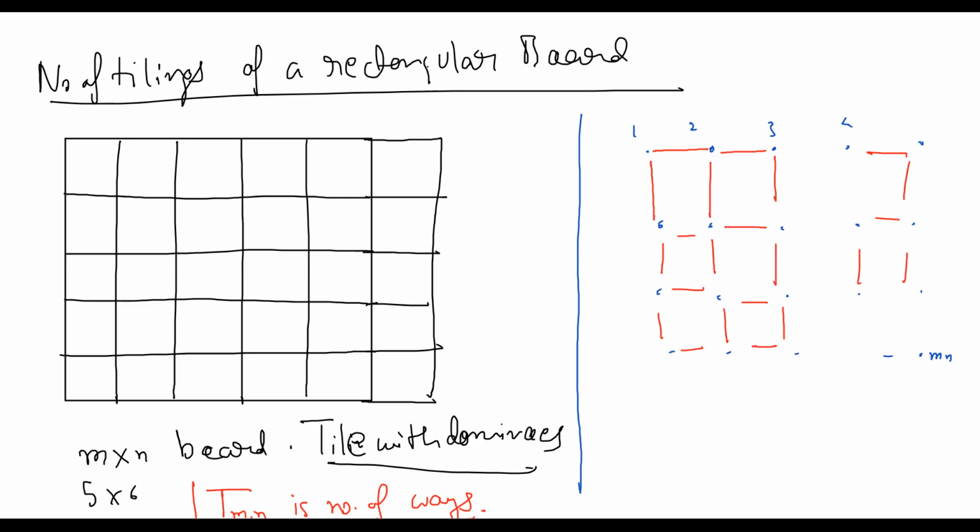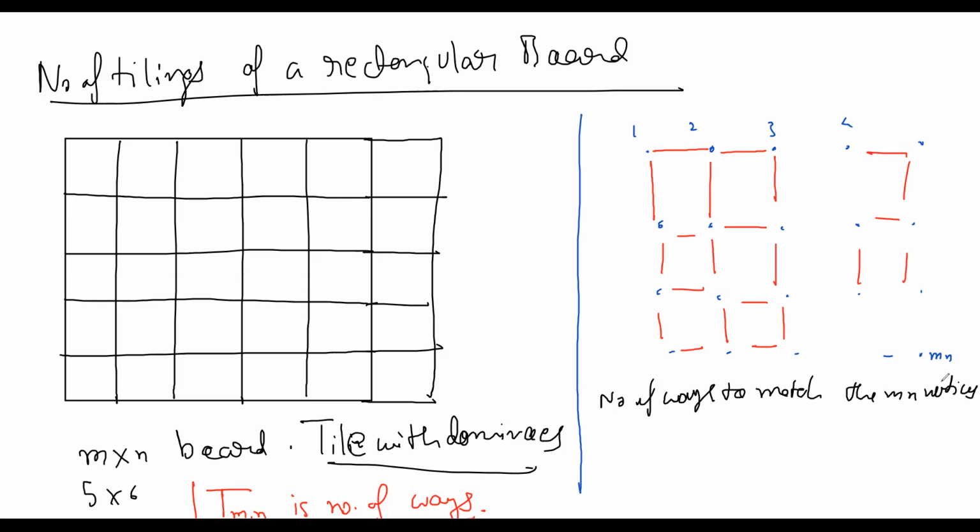Now I want you to count the number of ways to match the mn vertices. I'll define what that means. What do I mean by match?